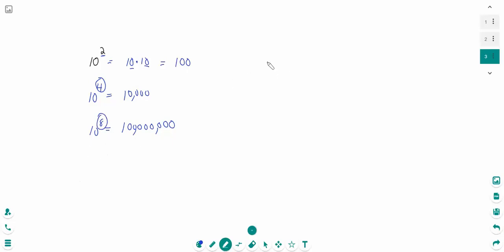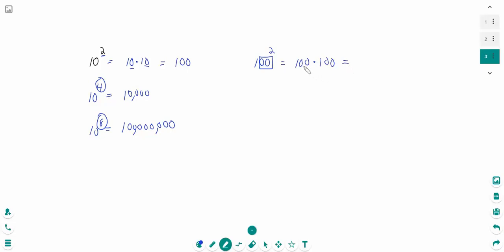Now we can apply that also to hundreds as well. So if I take a 100 and I raise it to the second power, what that means is that I'm going to take the number of zeros and I'm going to multiply it by 2. Because what this really means is 100 times 100.